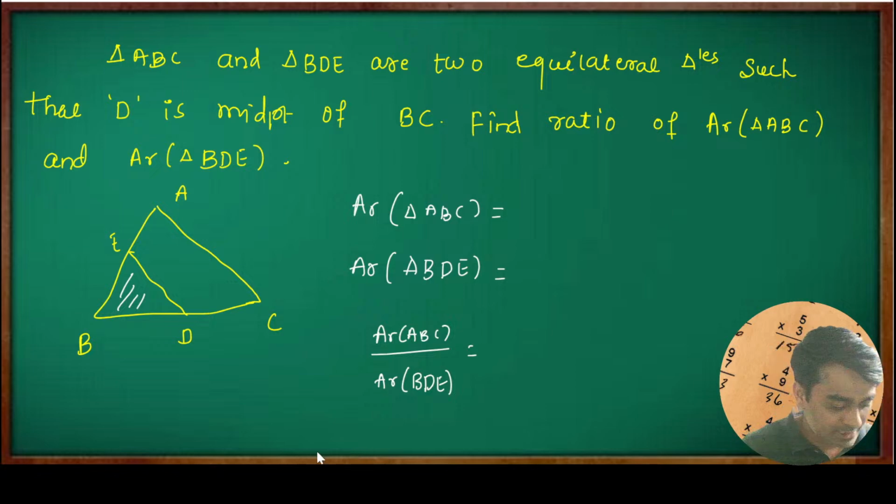So this is about similar triangles, right? What will happen here? Area of BDE by area of ABC. I'll take the bigger triangle ABC, so I will take BC square divided by BD square.